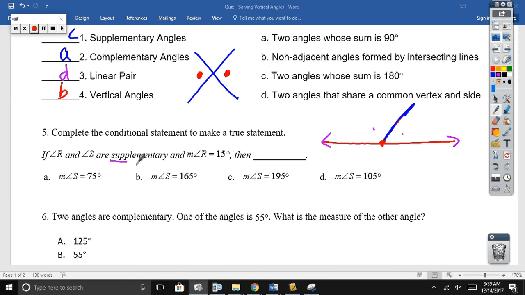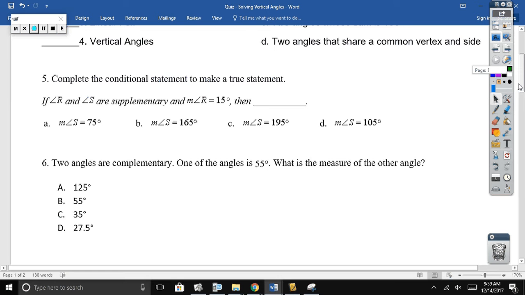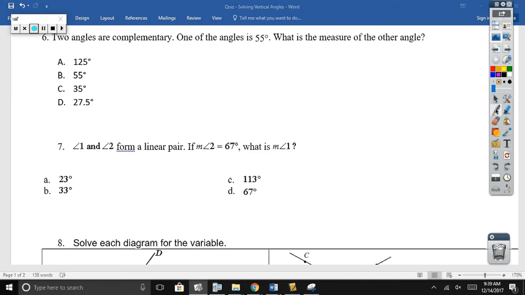Number 5, you got to know these words. Use them again. Supplementary. That means two angles that add to 180. So if I have 15, the other angle is going to be 165 because 165 plus 15 does equal 180. Two angles are complementary. If one angle is 55, what is the measure of the other angle?